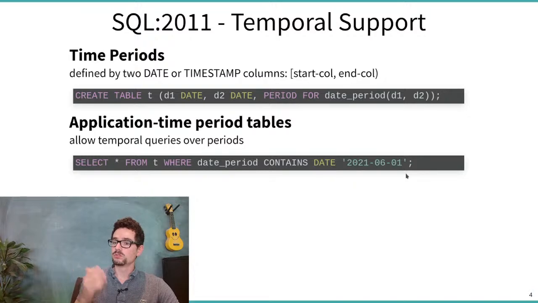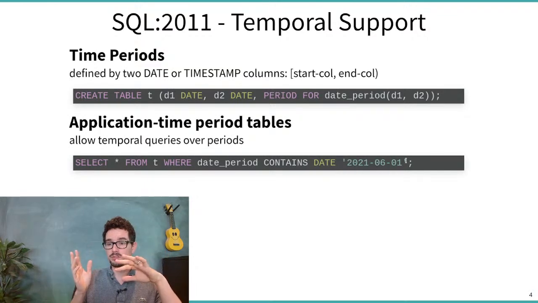For you, it is comfortable to write because this is only one row. Otherwise, you would need to write where d.date greater or equal the 1st of June and d2 less than the 1st of June. And you have to be careful, is it an open interval?